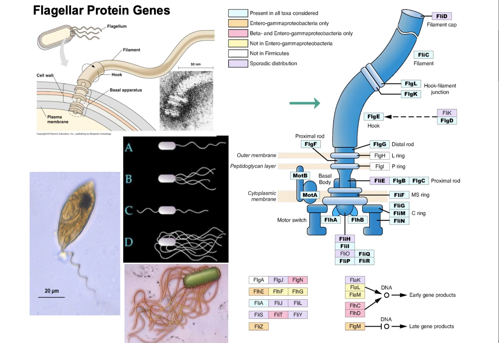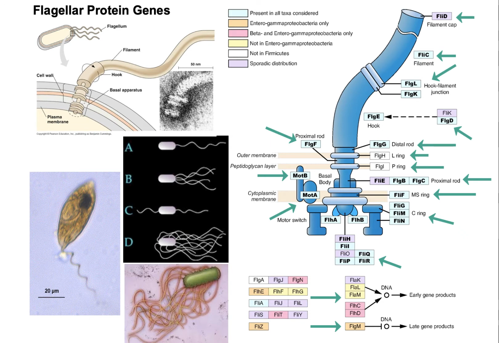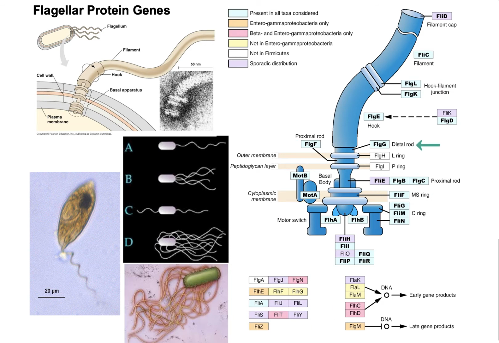The figure on the right is a model of the flagellar apparatus showing which genes and which proteins make up each section. And these are all members of the same multi-gene family. In fact, you start with a very small number of these genes, mainly in the base of the flagellum, and then you can build out from there.